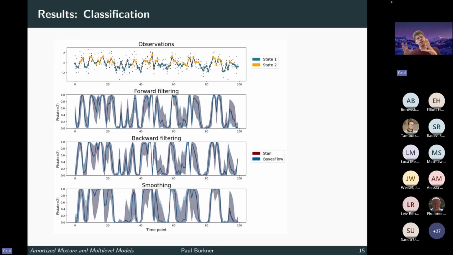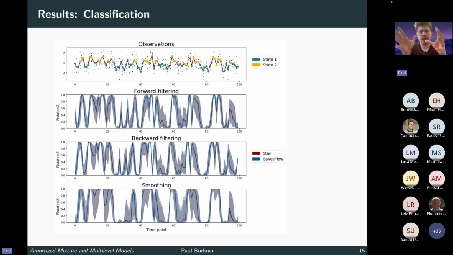So this was with respect to the hyperparameters, which we call theta in this example. But of course, we can also look at the posterior distribution of our mixture indices. On the top row, you see for a specific data set the observations in dots, where the colors indicate whether we are currently with that observation in state 1 or state 2 in this artificial example.